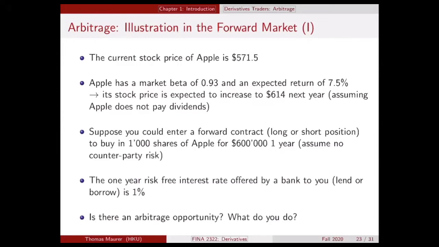If I buy them at $600,000 and I expect them to be worth $614,000, then I basically expect to make $14,000. Well, is this an arbitrage strategy?